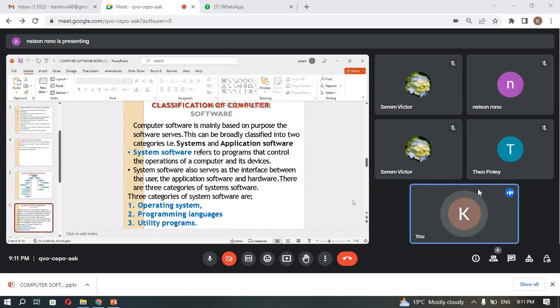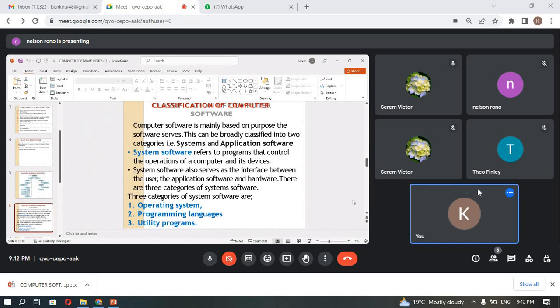System software also serves as the interface between the user, the application software, and hardware. There are also other categories which are classified as operating system, programming languages, and utility programs. So as you see, those are the classifications of computer software.